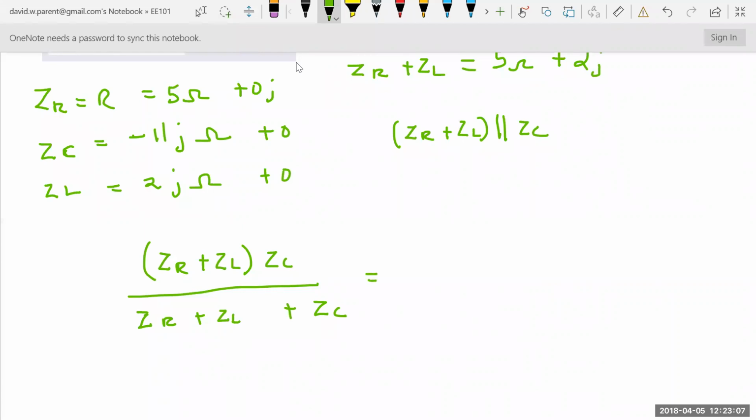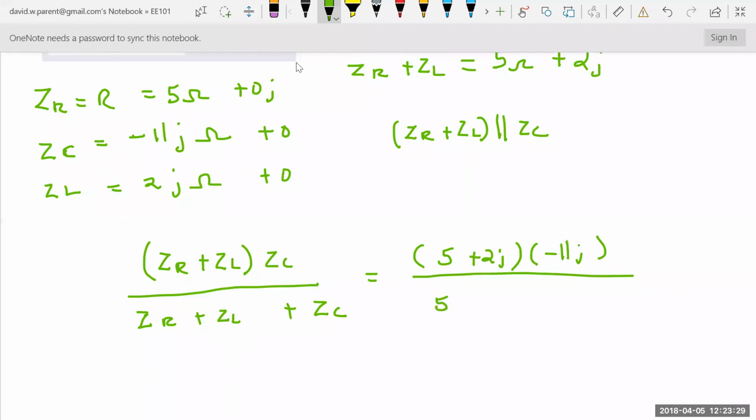Yeah, at this point, we've got to start using our numbers. So Z_R was 5. Z_L was plus 2j. Z_C was minus 11j.